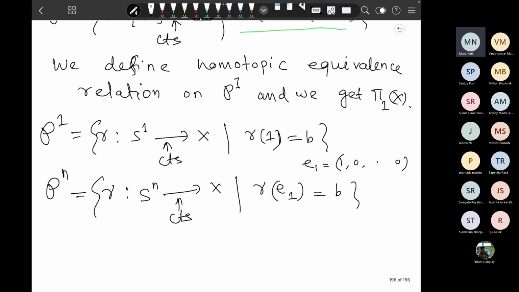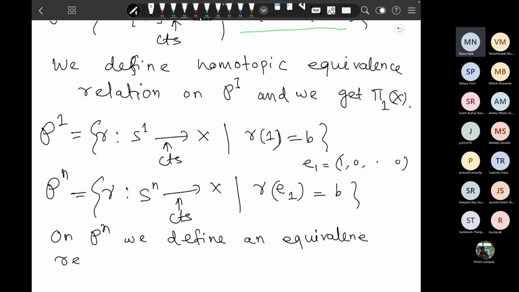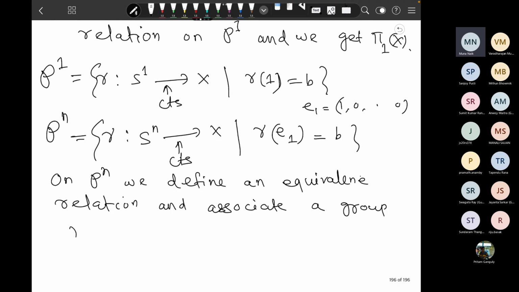Okay, so on Pn we define an equivalence relation and associate a group pi n of X to it.